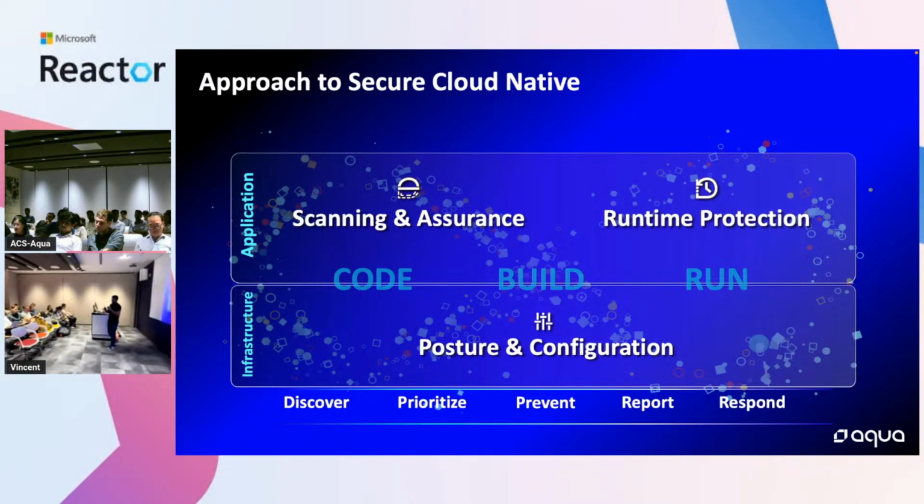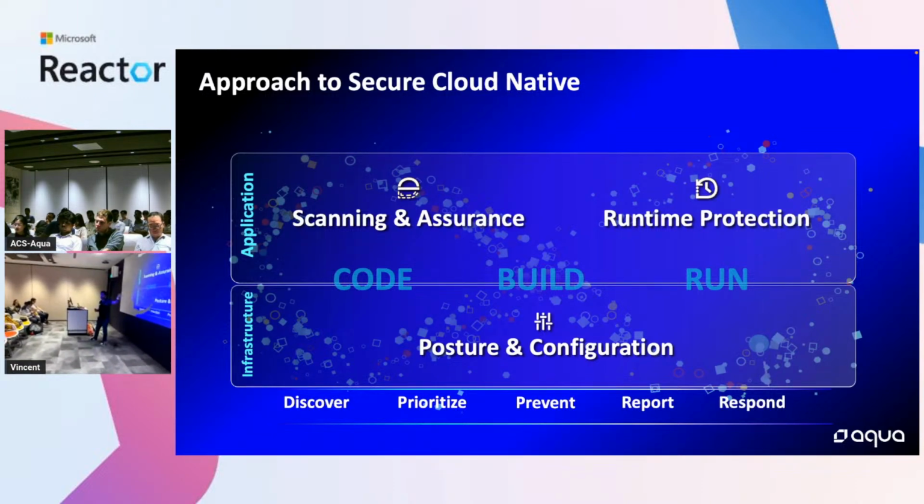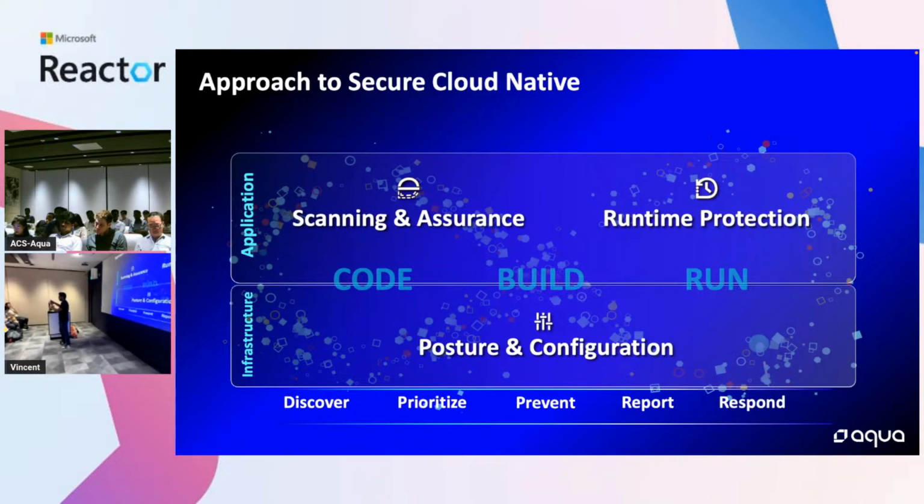Then the second part is posture and configuration. So from all your DevOps tooling, your source code managers like GitHub, the code repositories, the CI/CD pipelines, to your Kubernetes platform and your Azure environment itself, you need to scan all of that to figure out if there's any misconfigurations or exposure that could lead to access by a threat actor.